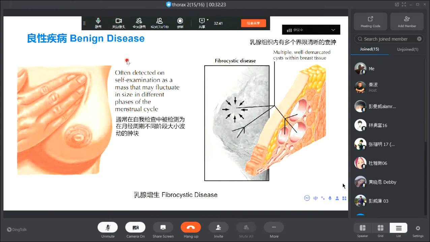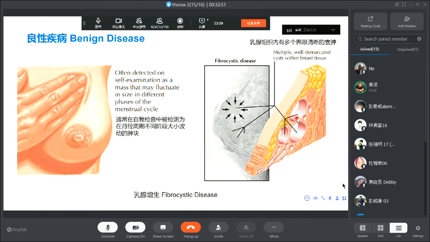We can use our fingers to feel it, and you can feel with your hand and fingers. If you feel it, there may be a lump within the breast tissue.